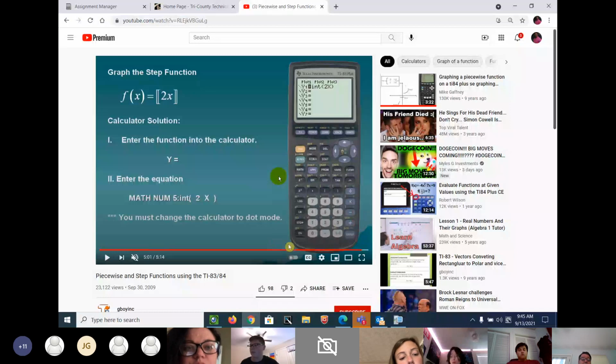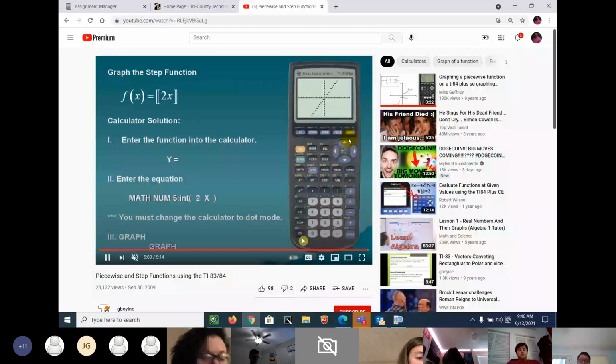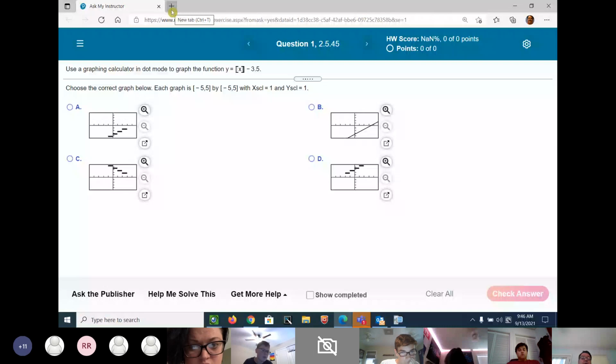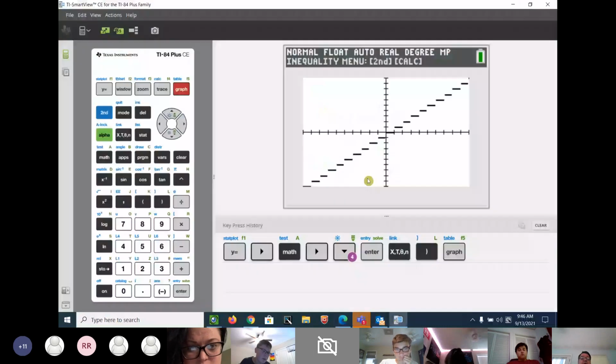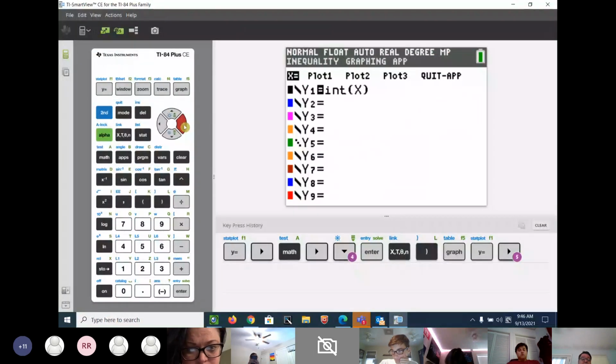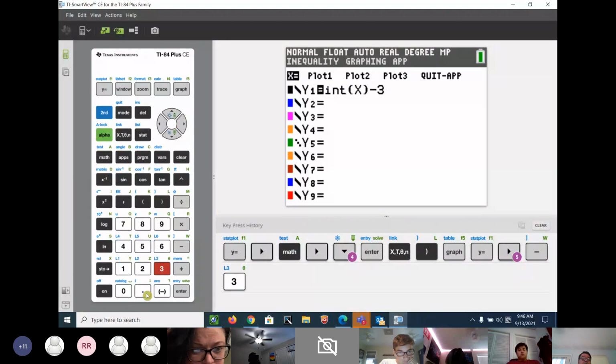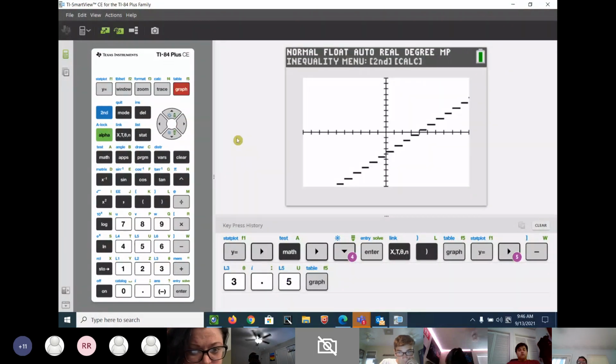Let's see if they put, negative, well, oh, minus 3.5. I'm sorry. That's the question, minus 3.5. I thought that was the domain or something. So go back and Y is equal, change that to minus 3.5. There you go. And I don't know what they're gonna ask, but we'll see what they ask.